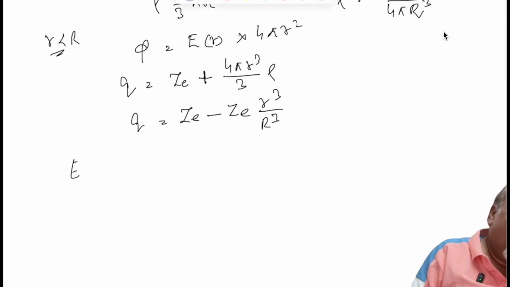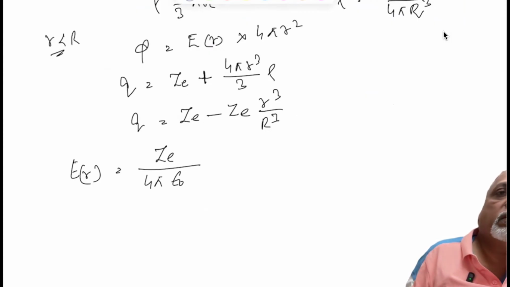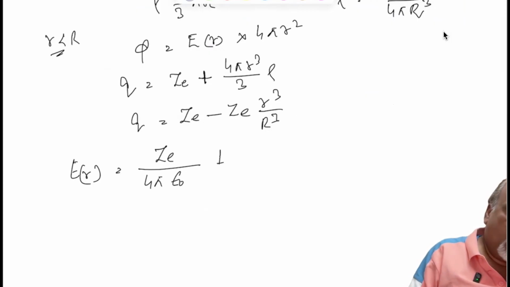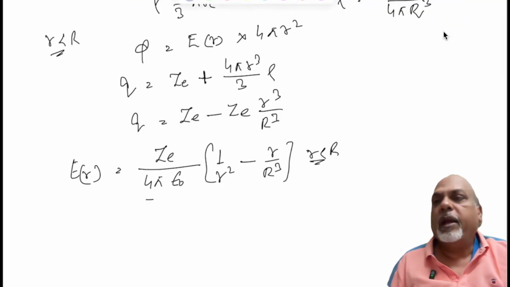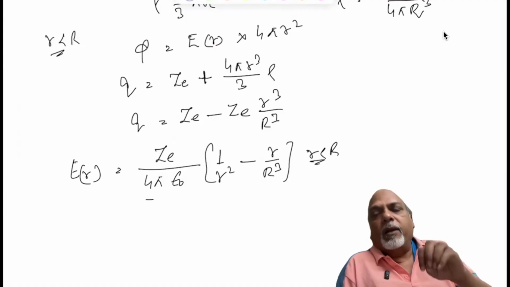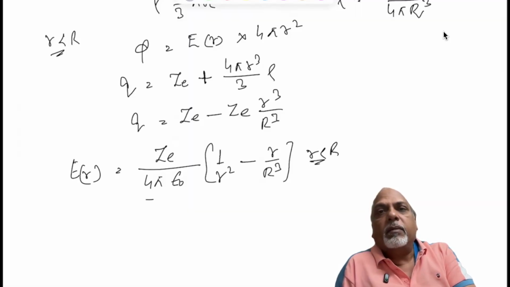That means E at distance r is nothing but Ze upon 4 pi epsilon naught times 1 by r square minus r upon R cube. This will be the electric field when you want to find the electric field inside the atom.